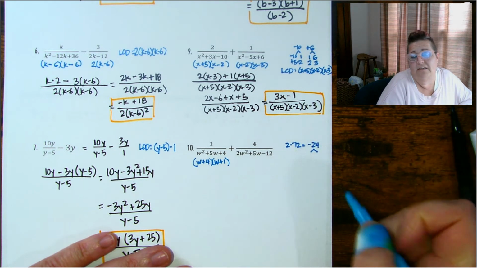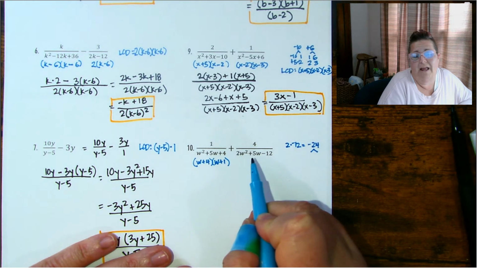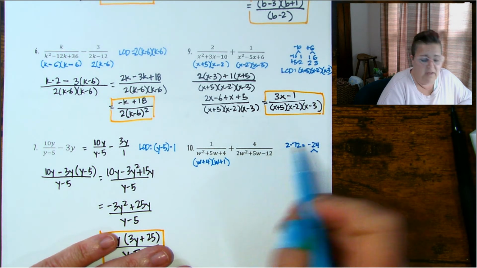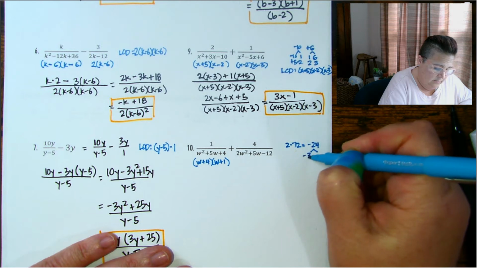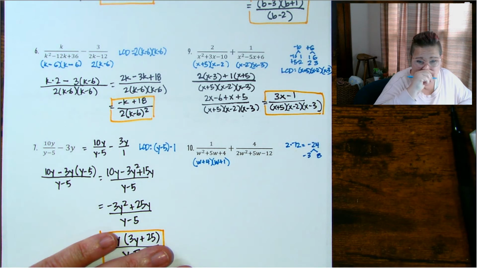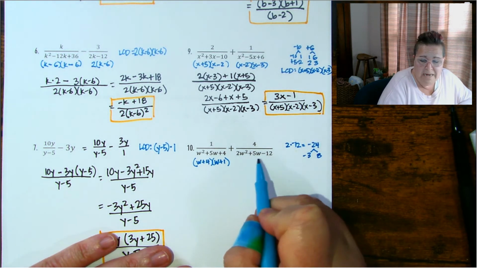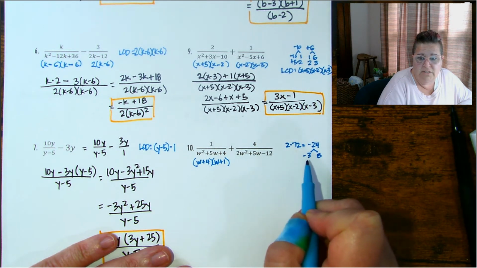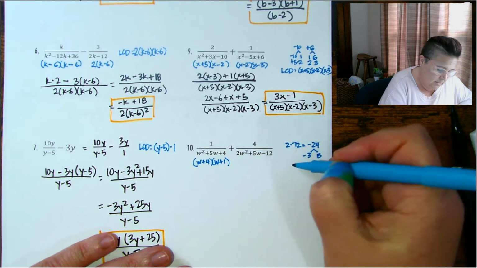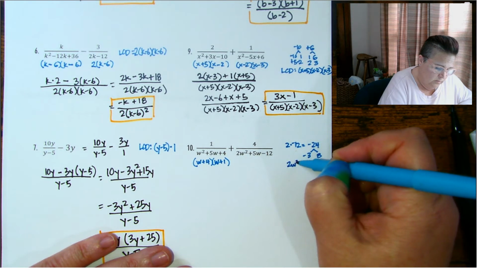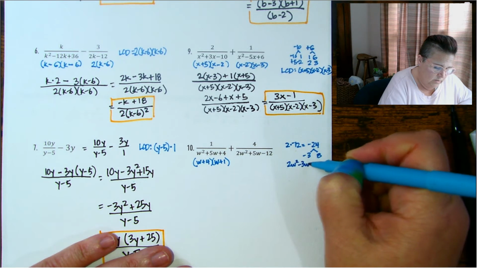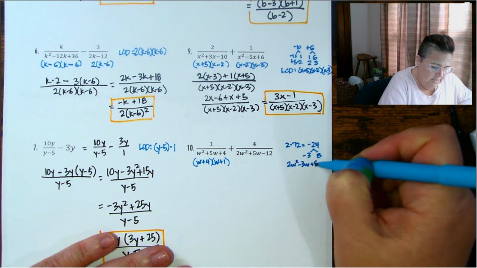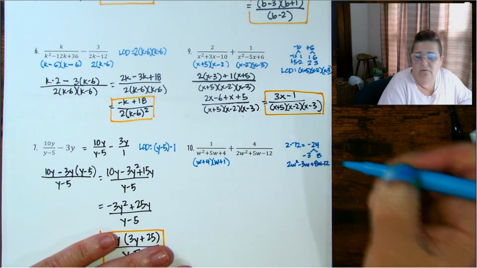And I want the factors of a negative 24 that will add to give me a positive 5. That's going to be a negative 3 and a positive 8. So I'm going to break this into two terms with the coefficients of negative 3 and 8. So 2w squared minus 3w plus 8w minus 12.